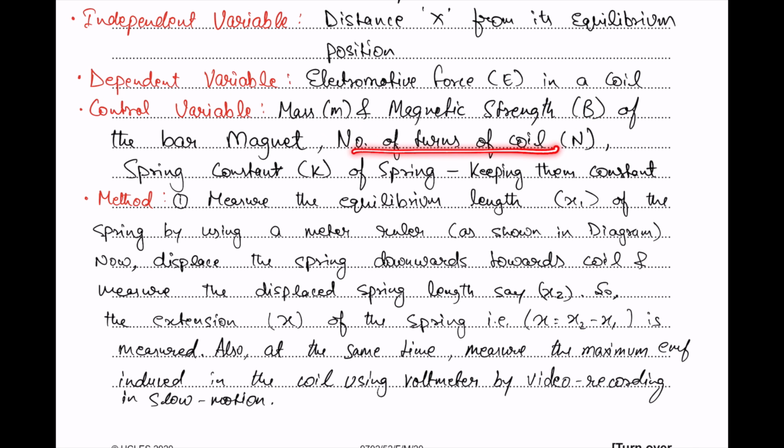Number of turns: I will not change the coil, the turns will remain the same. Spring constant of the spring: it means I will not change the spring, and I will check whether the spring is getting permanently deformed or not. That I have to keep in mind. These are the control variables, because if the value of any variable changes, that will affect my result. So you have to take keen interest in keeping these control variables constant throughout your experiment.